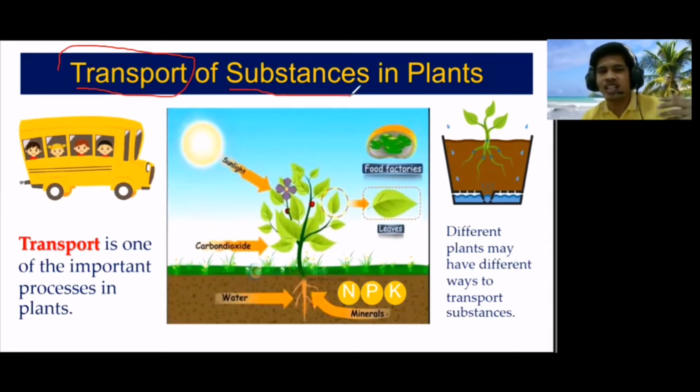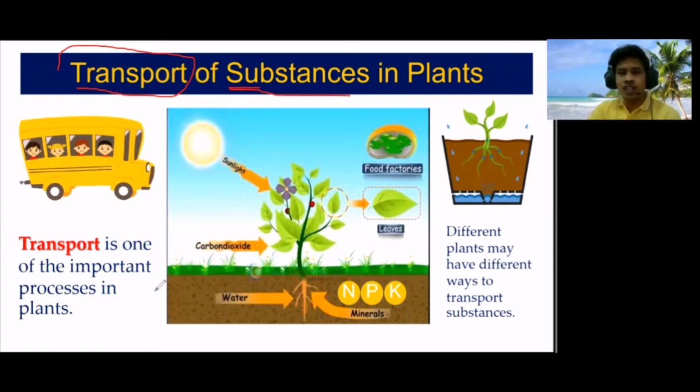Substances. We are transporting substances like water, nutrients, minerals. Let's say we're going to transport Q from his home to school. So the substance here is Q, right? Transport Q to school, right?